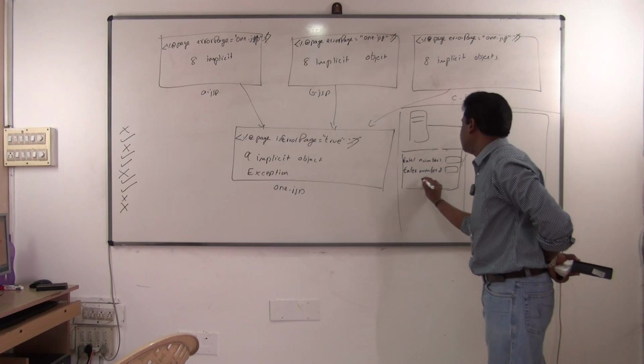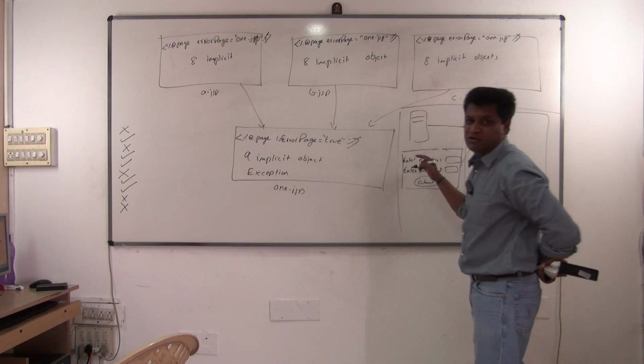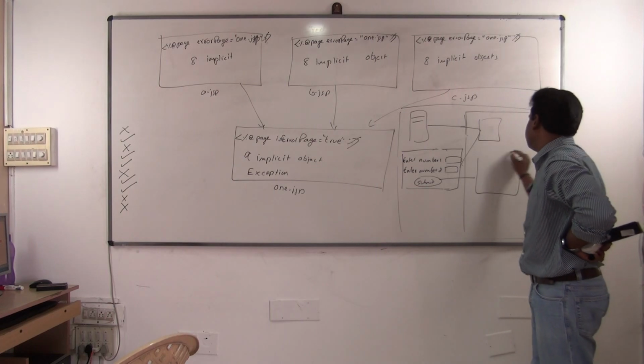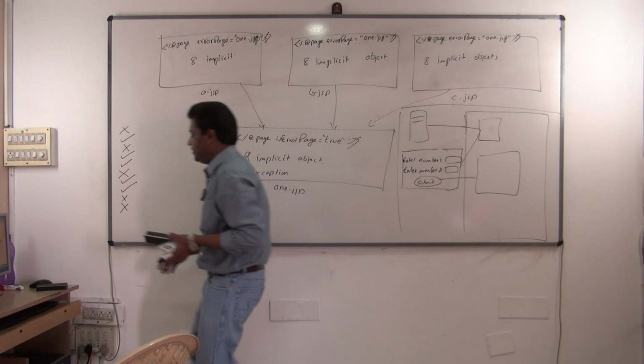See, you are asking the user to enter two numbers to divide. So he'll enter the two numbers and submit it. Now this logic I'll be writing in a JSP. Let me see the JSP name.